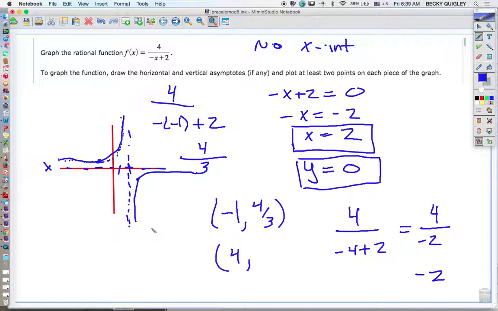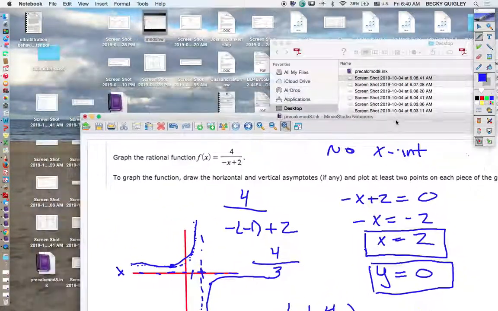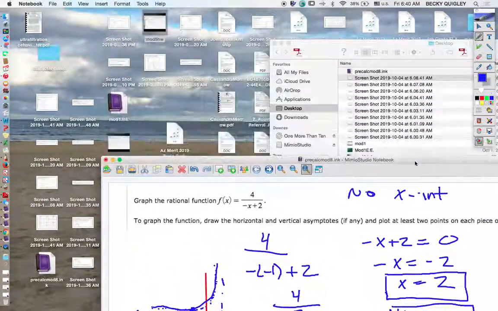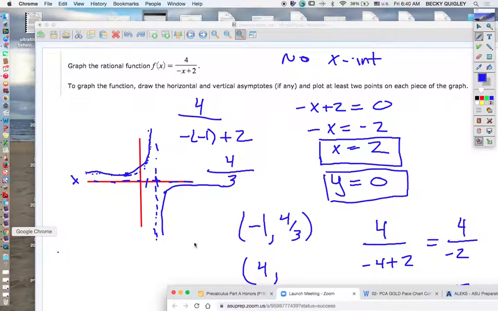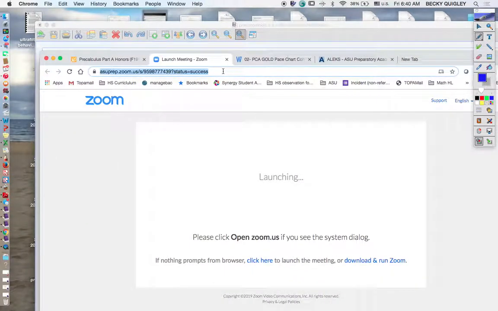And you can always plug this into a grapher just to see and double check your work. So I'm just going to pull this up real quick. Oh, oops, that's not the button I was looking for. There we go. Let's go ahead and just pull in Desmos.